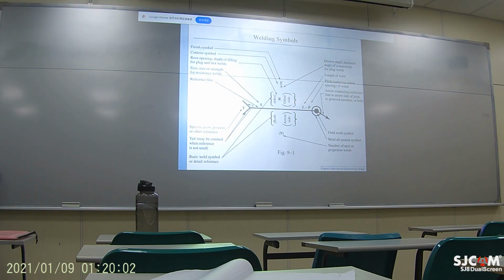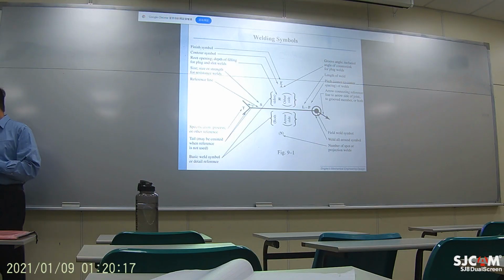I'm not going to go through this. I think you probably have learned about this when you learned engineering graphics. If you have not, that's okay. In the future, if you see some kind of arrow pointing at some corner, that's a symbol of welding, and it's describing what kind of welding.